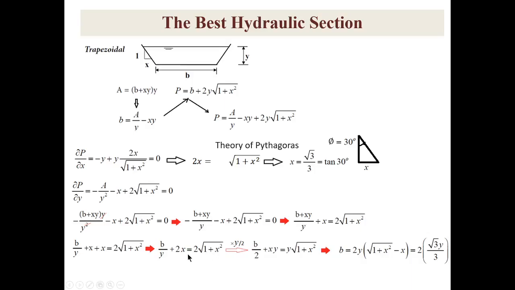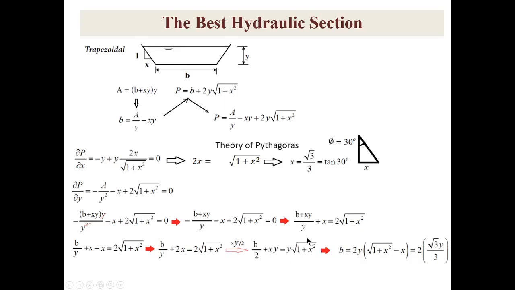What I did here, you see, I'm going to multiply both sides by y divided by 2, which gives me this equation: b over 2 plus xy divided by 2 equals y square root of 1 plus x squared.